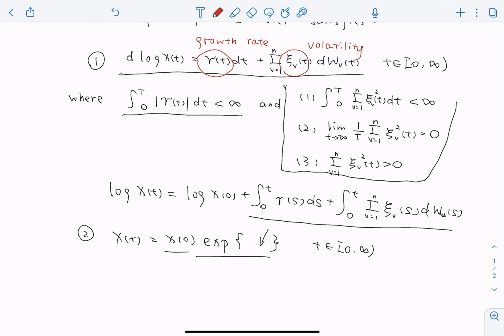It represents the sensitivity of X of t to the sources of uncertainty. The uncertainty comes from, and can be denoted by, the Brownian motion. We shall see that the first condition on K_c is similar to that on gamma, and the second one ensures that the volatility of the stock doesn't rise so quickly as to render meaningless the stock's growth rate.